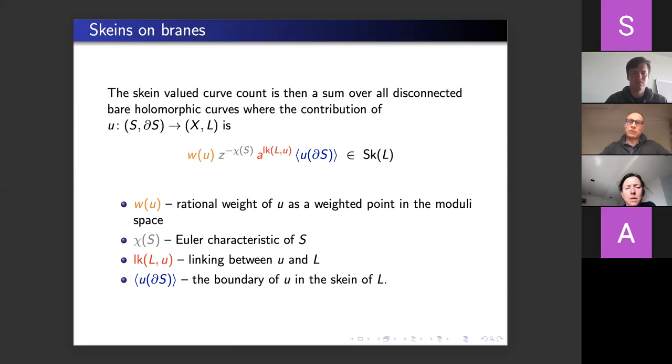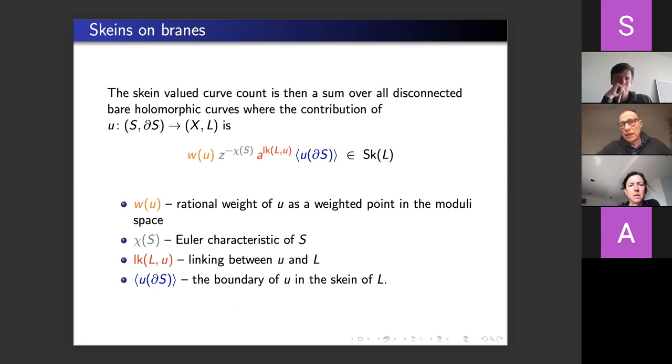So I have to count all these connected holomorphic curves. They're all bare. And then I count them in the following way. The first, this orange W of U, is the weight. If it was a nice embedded curve, I would count it like 1 or -1, depending on some sign. But maybe it's an orbifold, so it's some rational number.